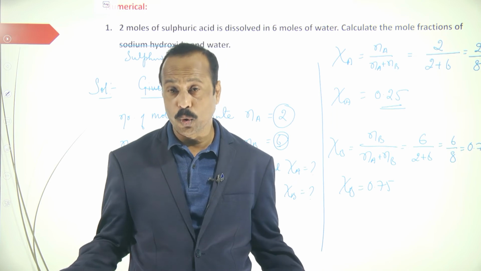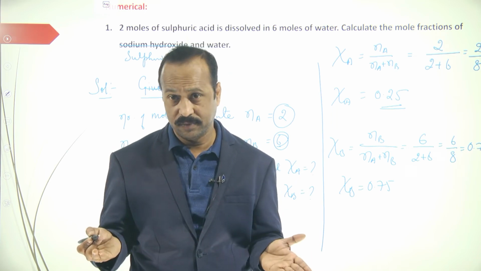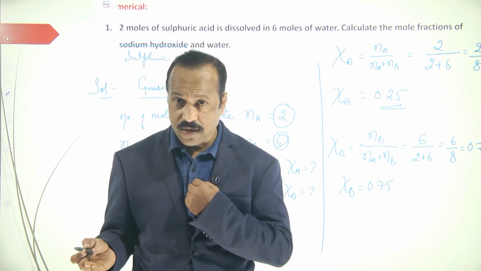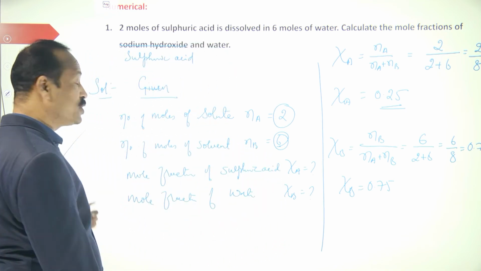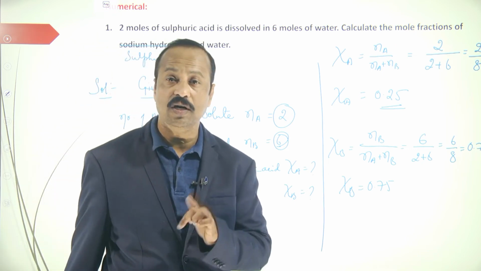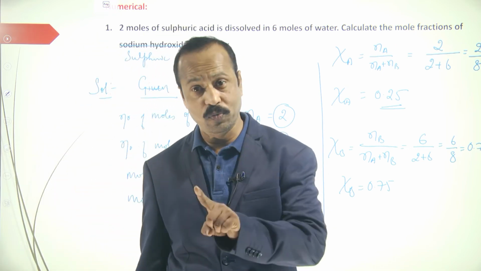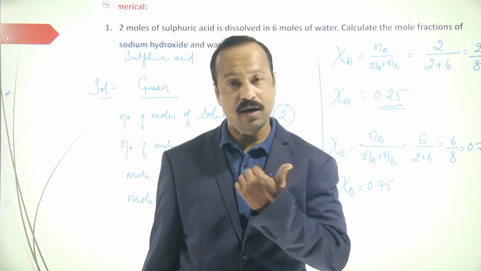But I don't know whether my answer is correct or wrong. So I would like to check it. What can I do? Here I had said that the sum of the mole fractions of solute and solvent should be equal to 1. If we get that, then our answer is correct.